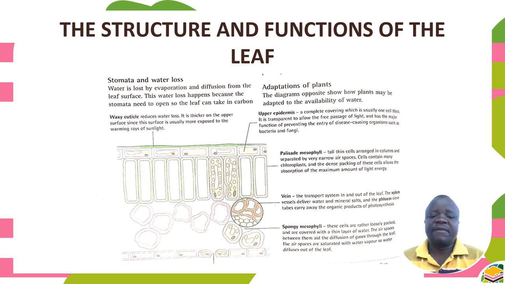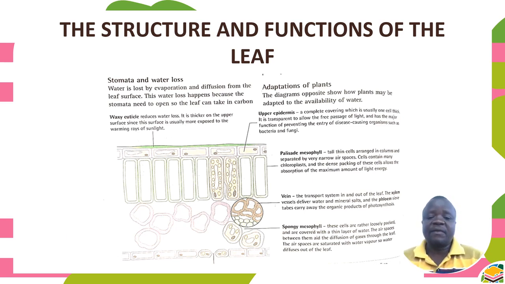Now we have this layer, and the whole of this layer is taken as the Palisade Mesophyll layer. The Palisade Mesophyll layer contains these cylindrical cells, the Palisade cells, which have many features for photosynthesis to take place.